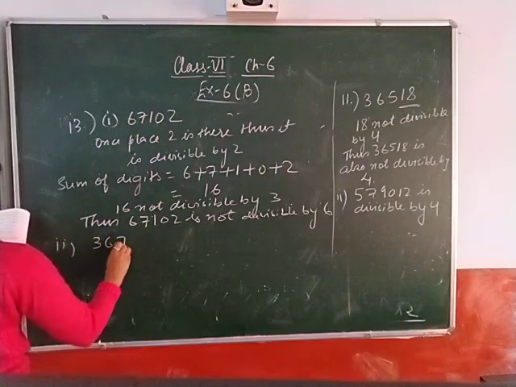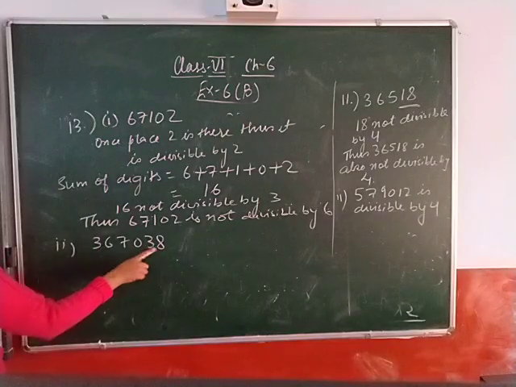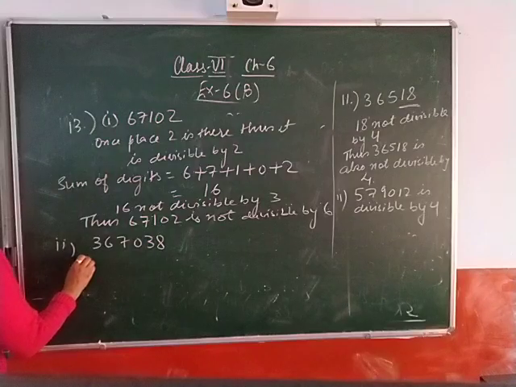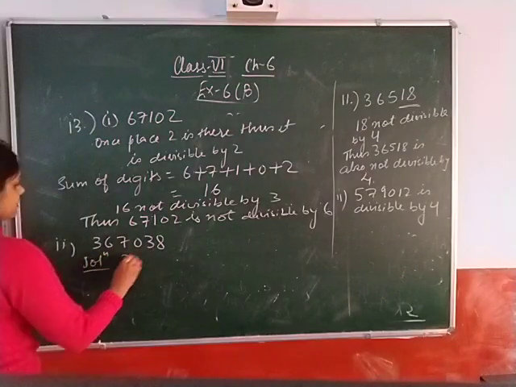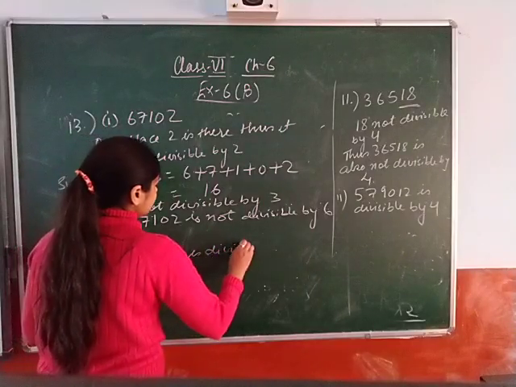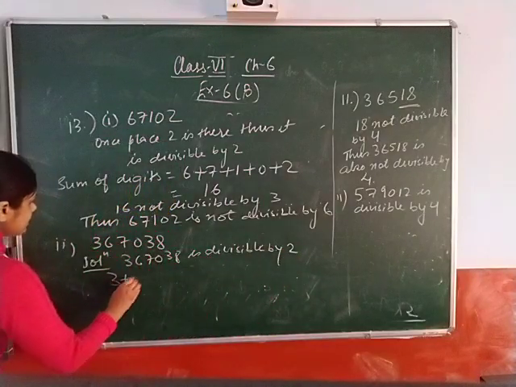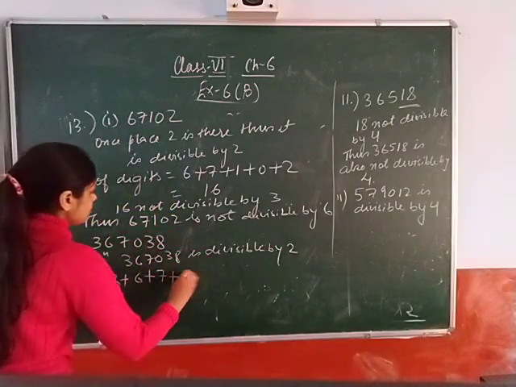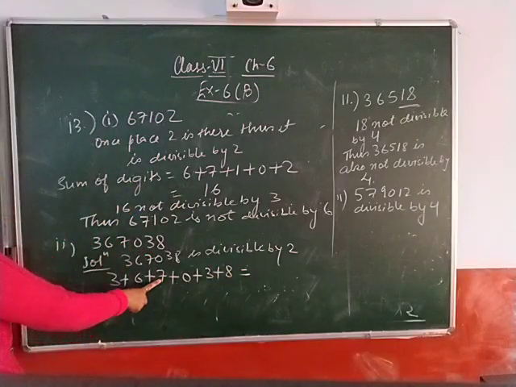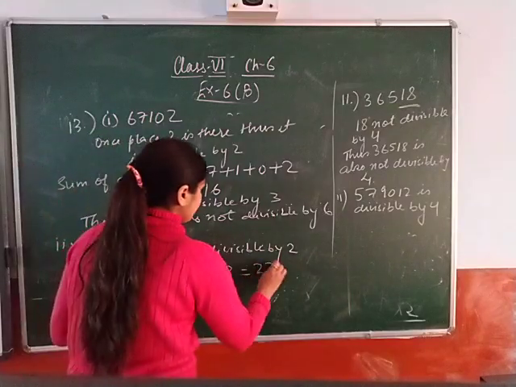3, 6, 7, 0, 3, 8. See the last place, that means it is divisible by 2. 3, 6, 7, 0, 3, 8 is divisible by 2. And 3 plus 6 plus 7 plus 0 plus 3 plus 8. We will add this. 9 plus 7, 16, 19 plus 8, 27.